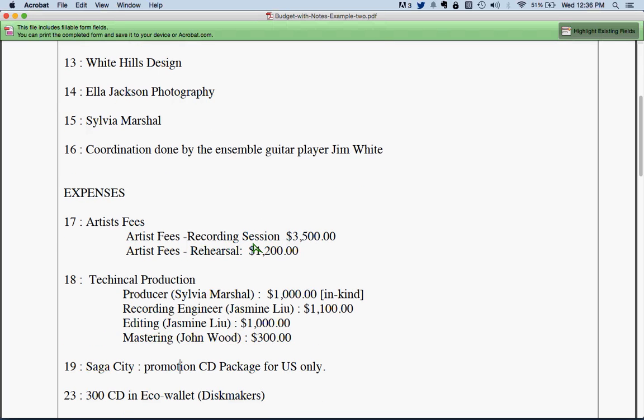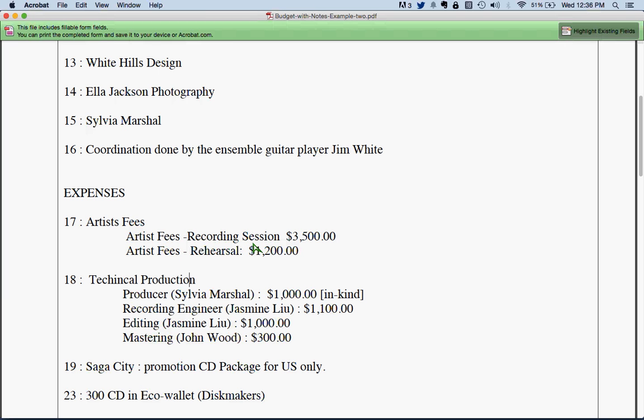Okay, on the expense side, it's nice that they've detailed out artist fees for both the recording session as well as for what the artist will receive for rehearsal. And then here we have technical production.